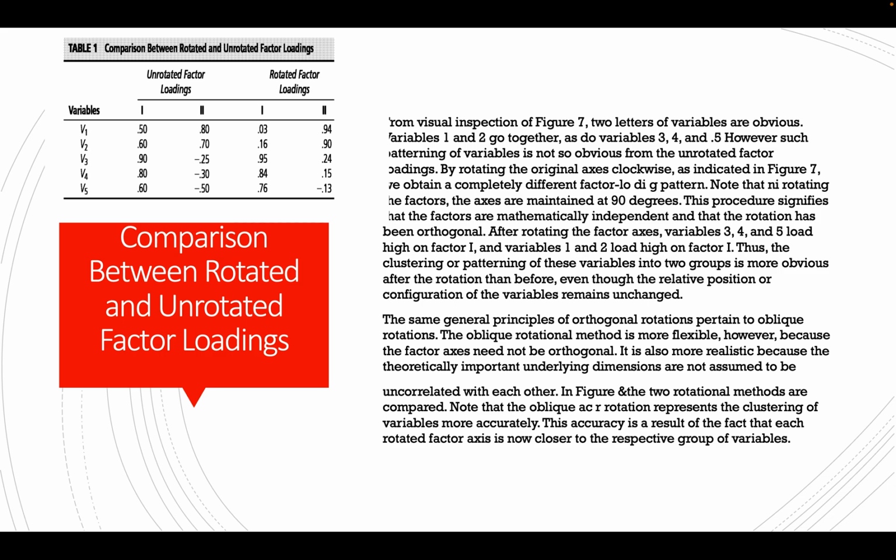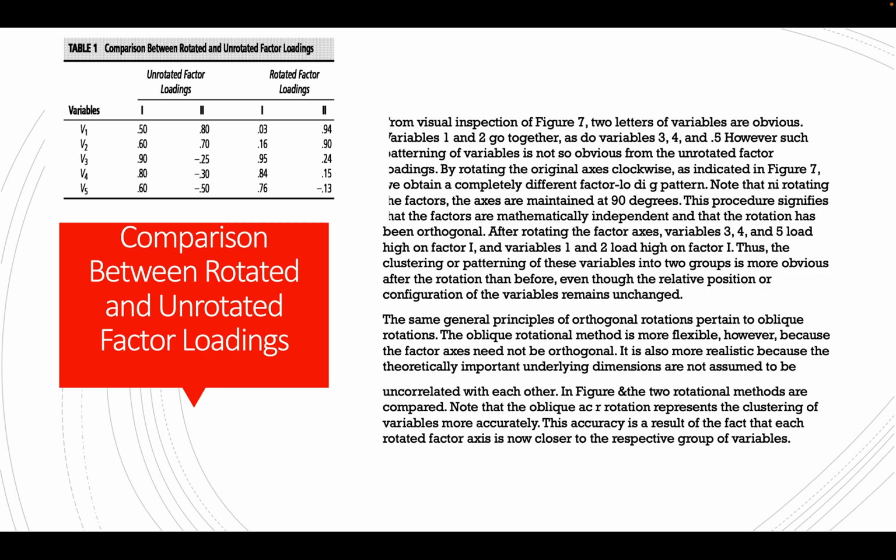After rotating the factor axes, variables 3, 4 and 5 load high on factor 2 and variables 1 and 2 on factor 1. The clustering of these variables into two groups is more obvious after the rotation than before, even though the position of the configuration and the variables remain unchanged. The same general principle applies to oblique rotation.